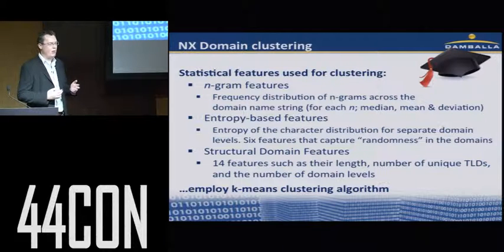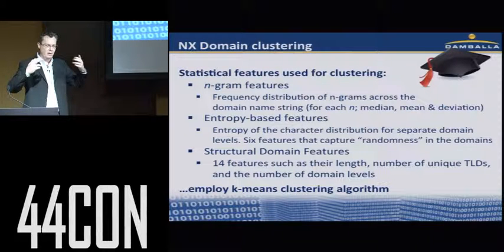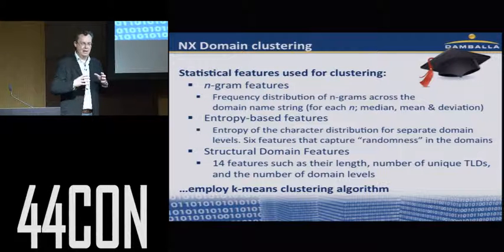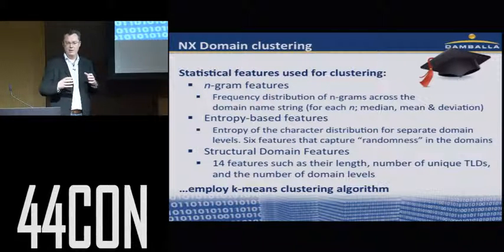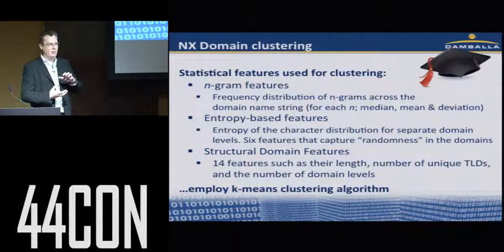For example, n-gram features. I can take a cluster of, say, 10 domain names that all seem to be really similar. I can look at the frequency elements and distribution of character sets and the way that characters are organized, and that gives me one set of features.